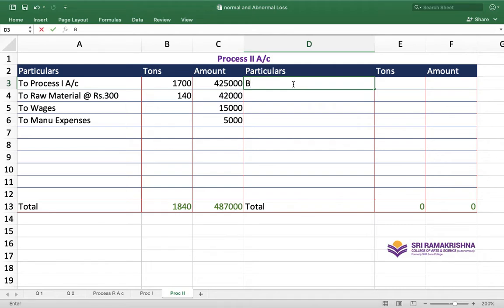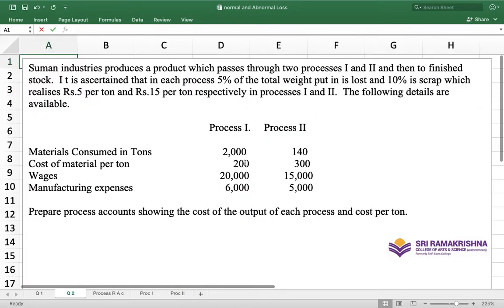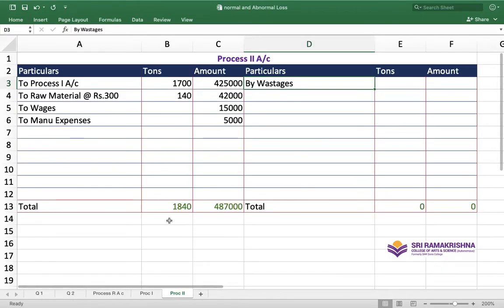Here on the credit side, by wastages. For process 2 also, the wastage is 5% and the normal loss is 10%. And the normal loss will be sold at the rate of rupees 15 per ton. So here we have totally 1,840.